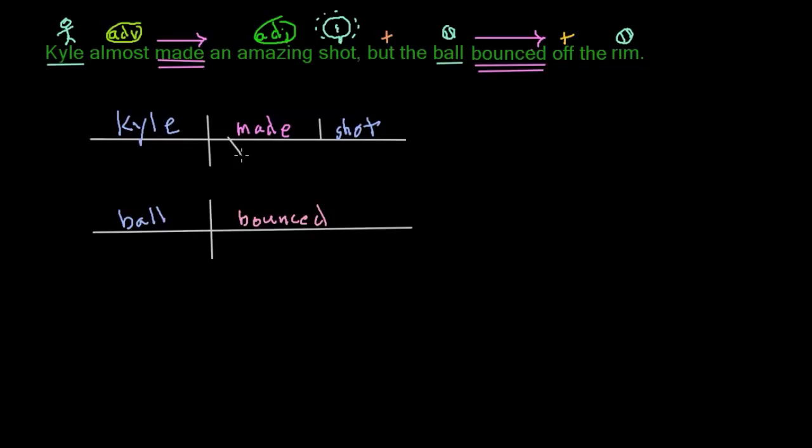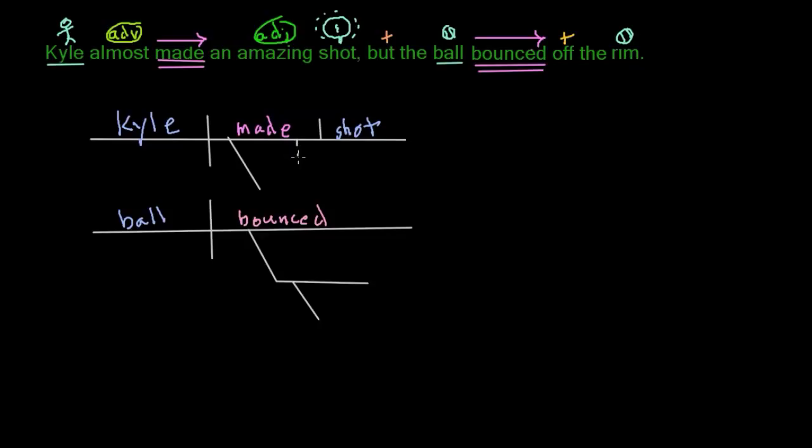We're going to modify the verb in the first clause. Kyle almost made. And we're going to modify bounced with the prepositional phrase off the rim, which is functioning adverbially, modifying bounced. Where did it bounce? It bounced off the rim.